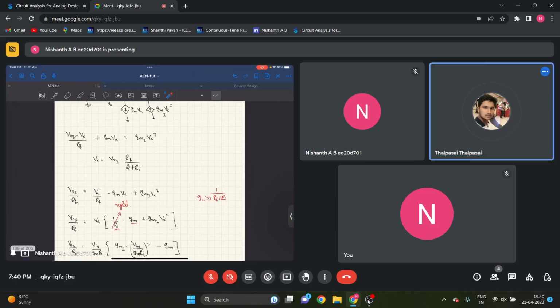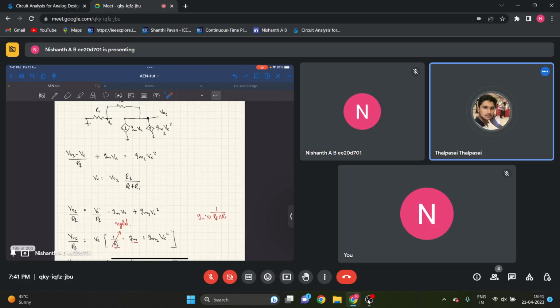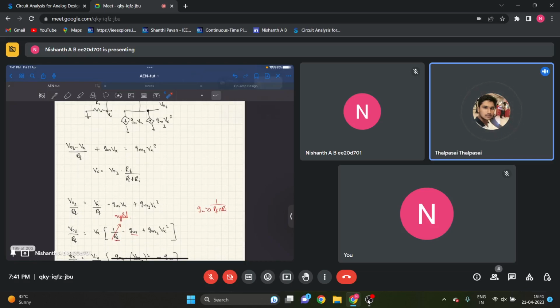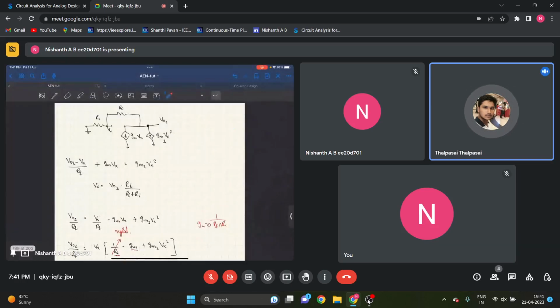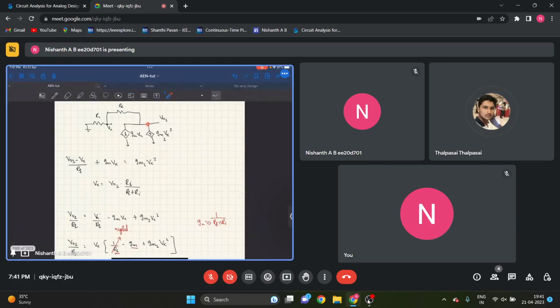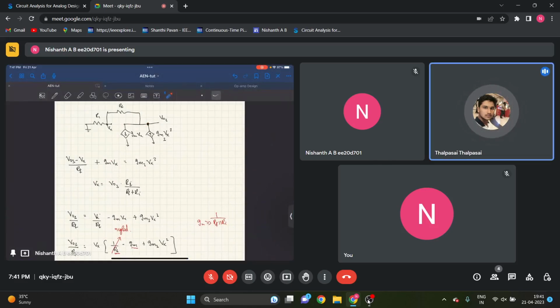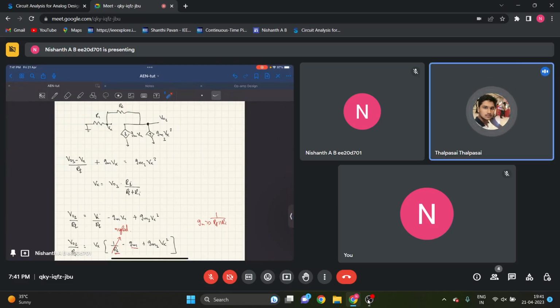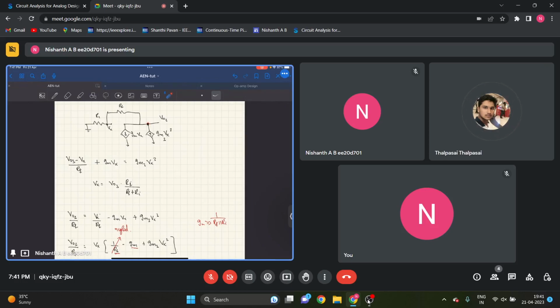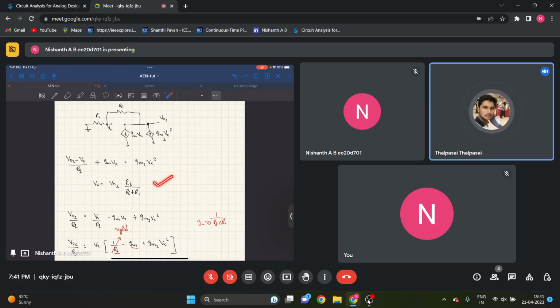The current equation might be the KCL, sir. Gm3 Vx leaving is correct. KCL is also correct. We'll go step by step. This equation is correct, this equation is also correct. Yeah, sir, that is perfect.